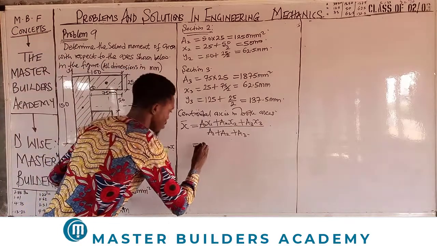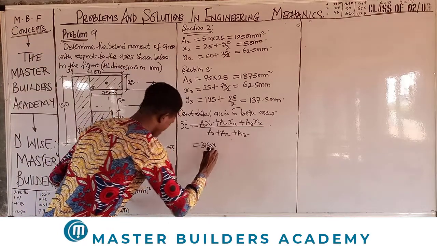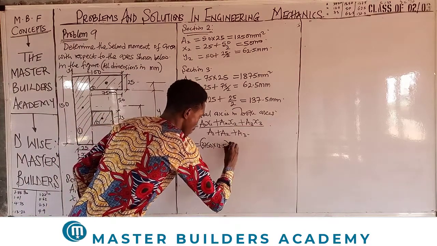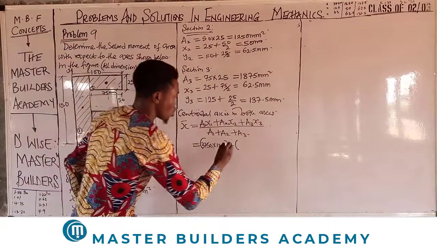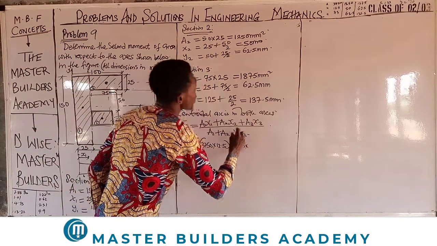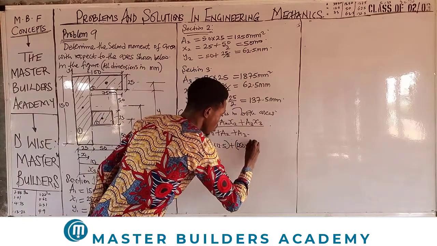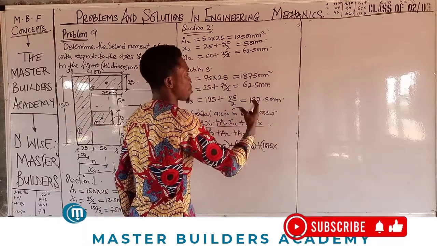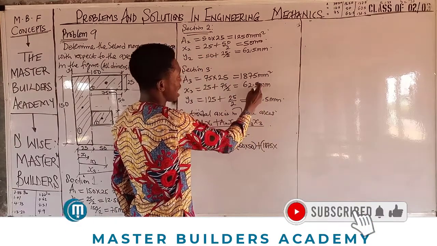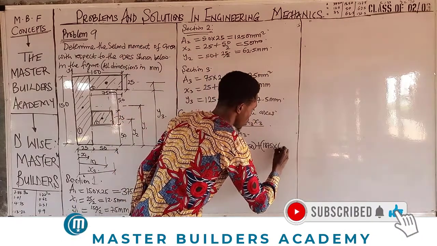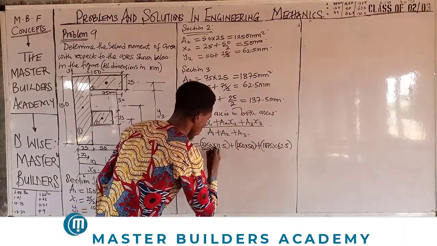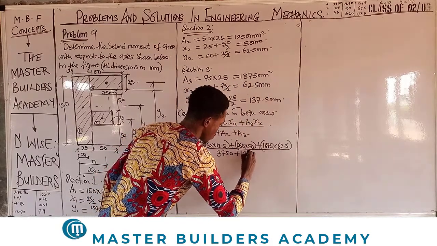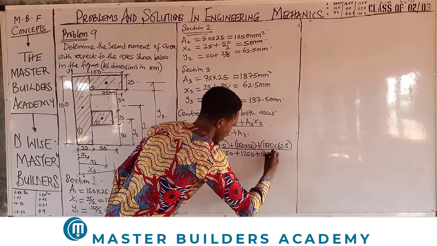A1 is 3,750 multiplied by x1, which is 12.5, plus A2, which has been calculated to be 1250, multiplied by 50, which is x2, plus A3, which is 1875, multiplied by x3, which is 62.5, all over the sum of the areas: 3750 plus 1250 plus 1875.